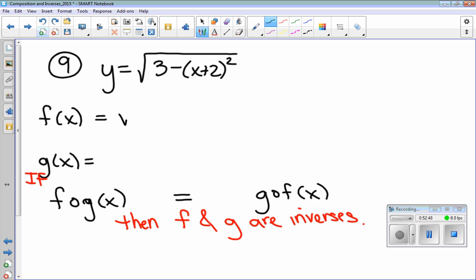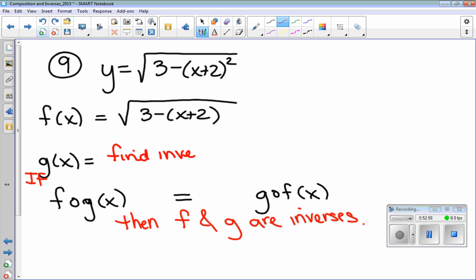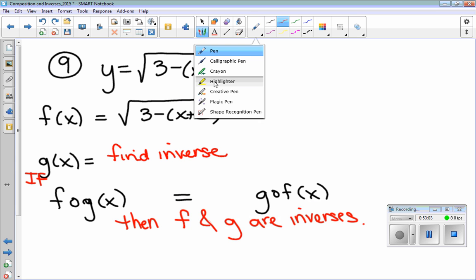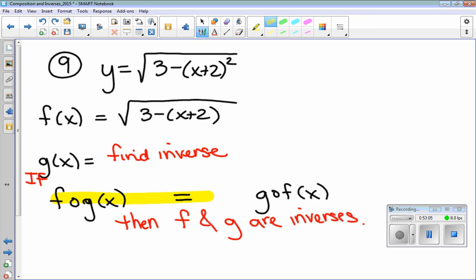Let this one be f, and I need you to find the inverse. Okay? So that's really what the directions are telling you to do, because the compositions, they say, are the same. So that's your clue on number 9. Just find the inverse. But again, it's just a strange way of writing it.